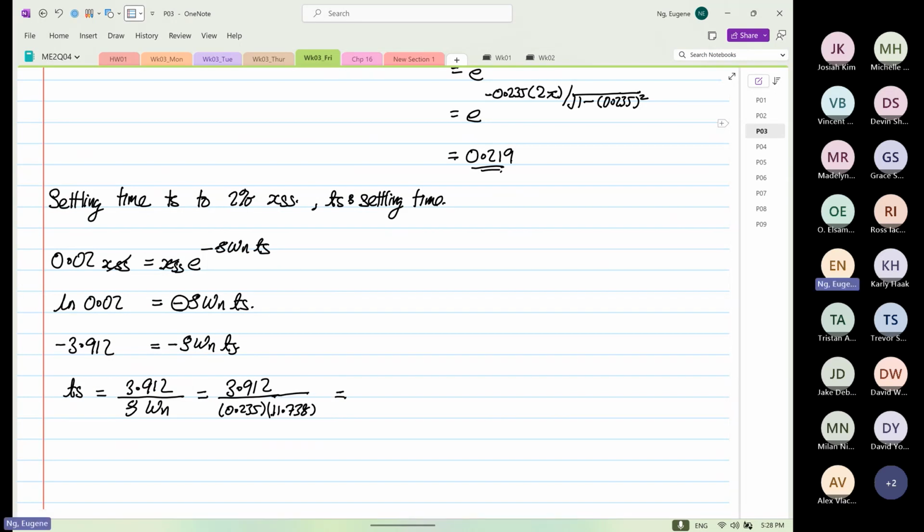So this will be equal to 3.912 divided by 0.235 divided by 11.738, which is equal to 1.418 seconds. Yeah, so 1.418 seconds.